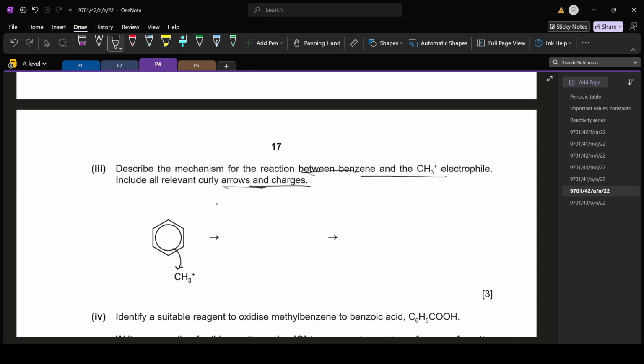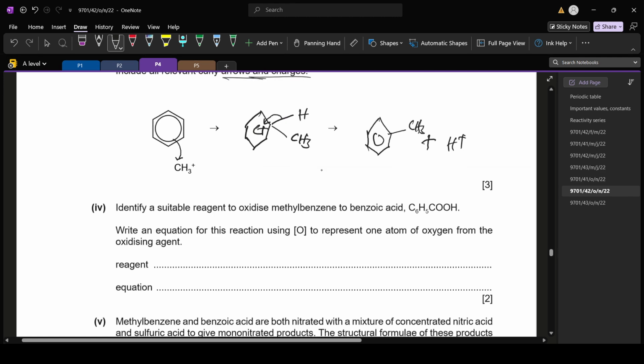This electrophile will attach to the ring, like this, or like this. And then this hydrogen will donate its electron to the ring, and it will form H plus ions. So you will have this methyl benzene plus H plus ion. Okay, so this is your mechanism. You have to remember these mechanisms.